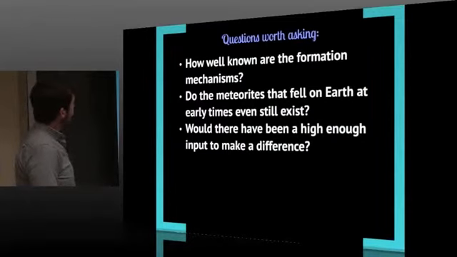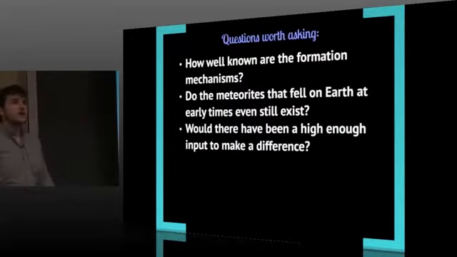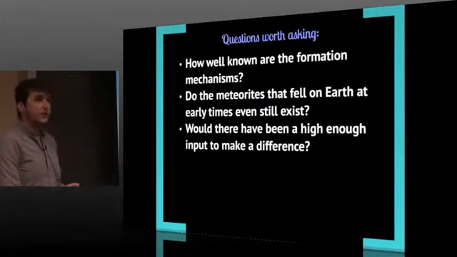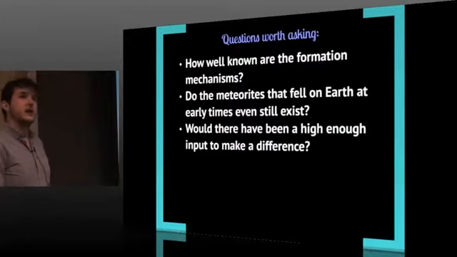And if we're looking at meteorites as a source for what happened early on in Earth history, maybe a source for the phosphates or the organic molecules that you need to get life going, it's worthwhile to ask whether the meteorites that fell on Earth when life was beginning are even still around, right? The Earth's surface has been highly processed over the last 4.5 billion years. Maybe we don't even have samples of the stuff that fell on the Earth and might have gotten life started.